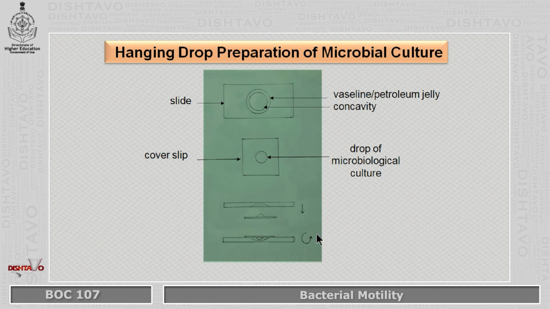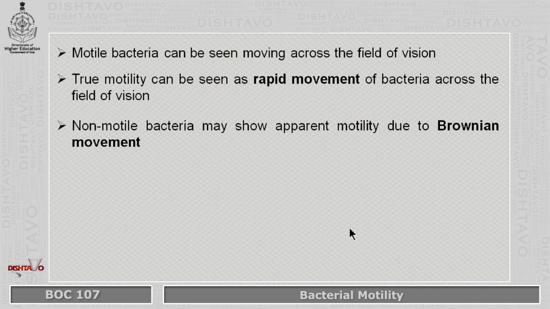Then we need to invert the slide so that the cover slip is facing upwards. The microbial culture which was present on the cover slip will now be suspended in the cavity of the cavity slide. Next, this slide has to be observed under the microscope.